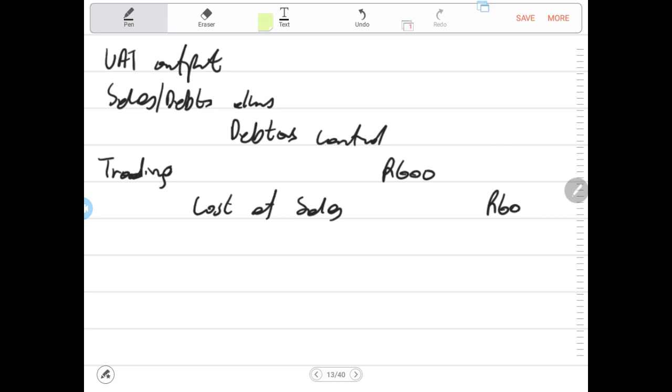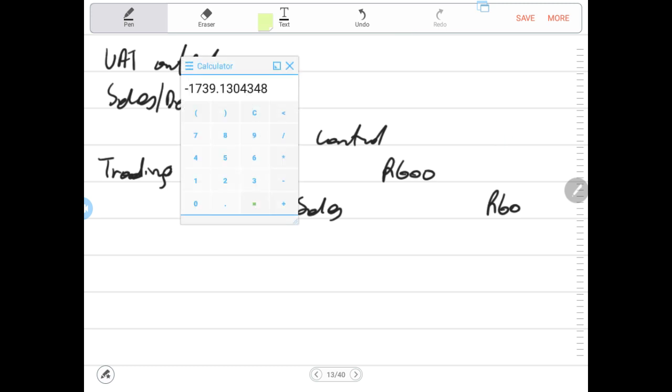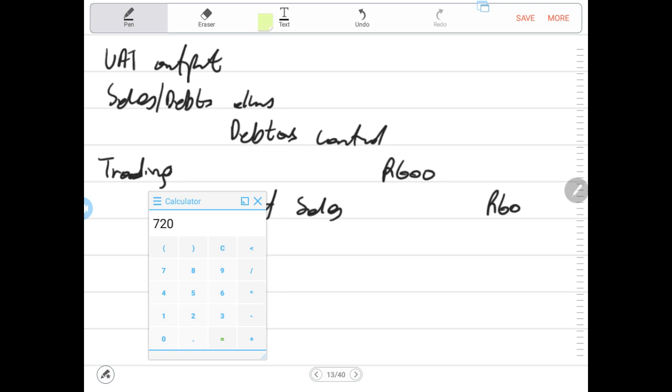Debtors control, we need now to calculate from the cost price. Cost price of 600 times 1.2 will give us 720. 720 is the selling price, meaning the selling price of the goods that are returned is 720. Then we need now to go and say how much is the VAT, times by 0.15.